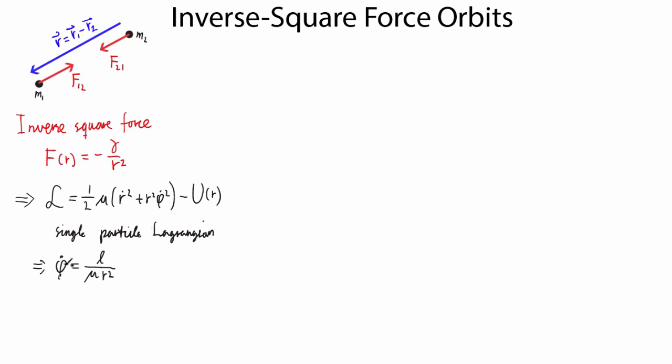We have shown now that phi dot is L over mu r squared. This is a consequence of angular momentum conservation. And we have shown in the last video that in the case where we have an inverse square force, the orbits are given by this formula, where incidentally C is L squared over gamma mu.